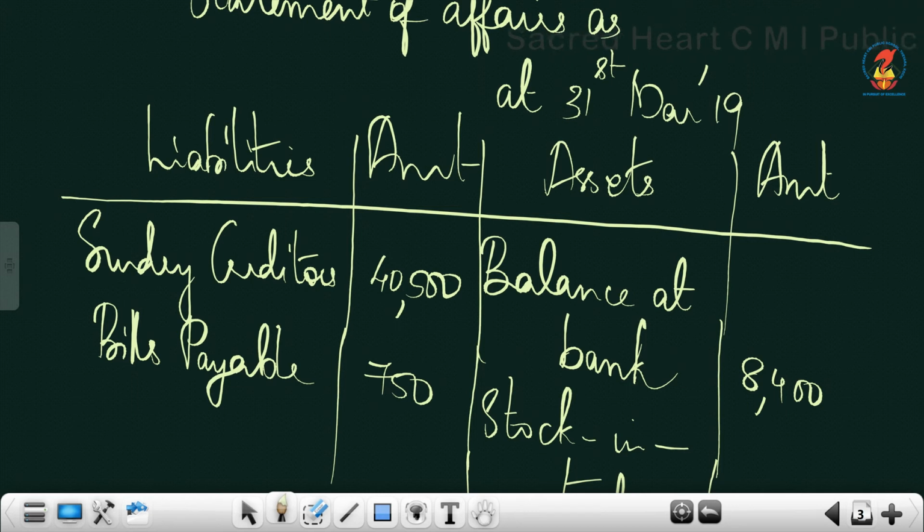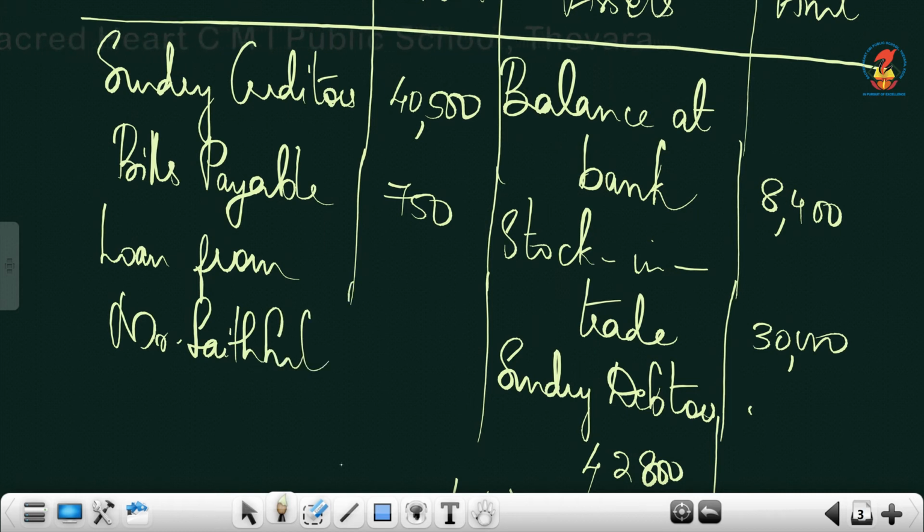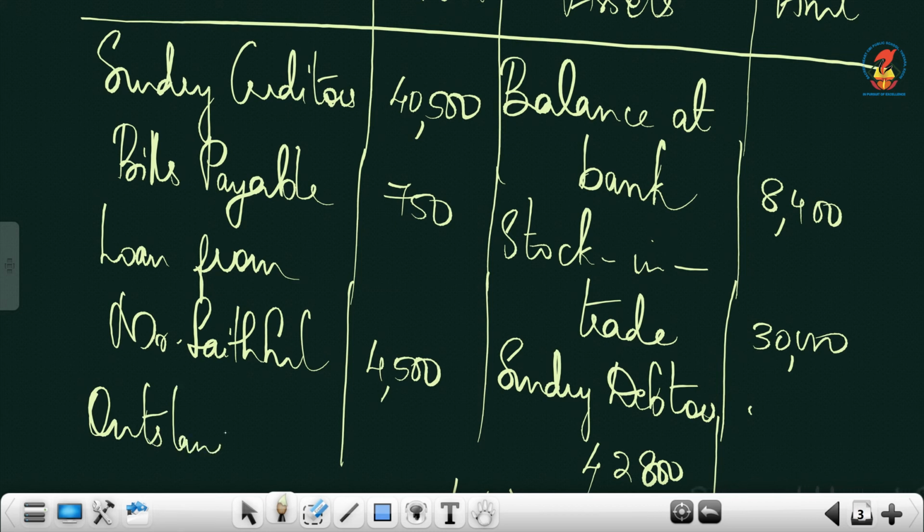Loan from Mr. Faithful 4,500. Then he had not paid 2 months salary to his peon. We had read such an adjustment in that paragraph. That means it is your liability which is to be written as outstanding.